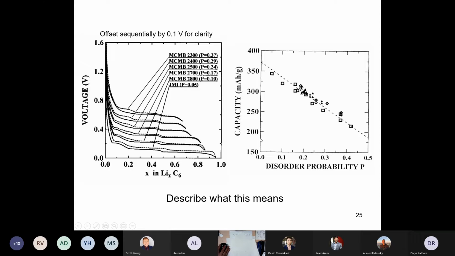Well, the specific capacity is about 185. 185 is exactly half of 370. So does it mean that you cannot put lithium in between adjacent graphene sheets that are turbostratically misaligned? That would explain this straight line, which has this particular slope.